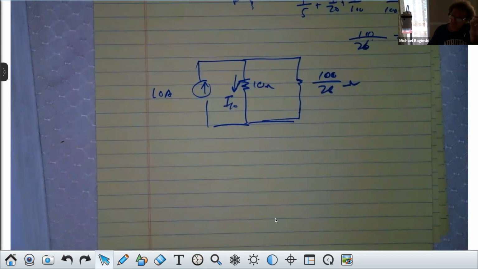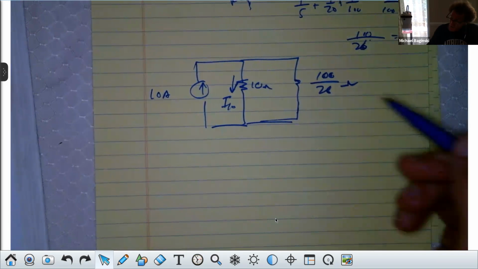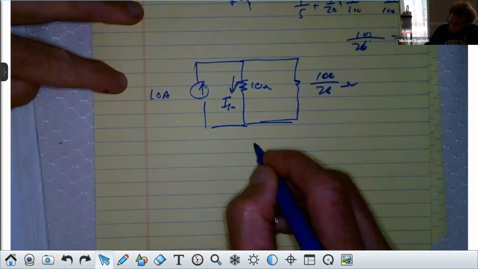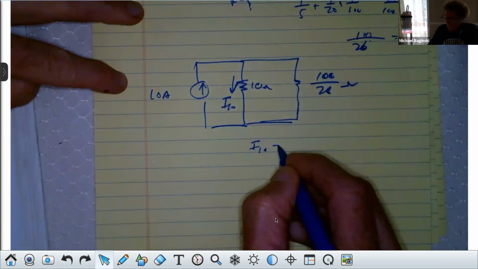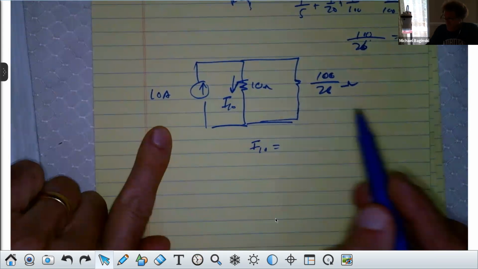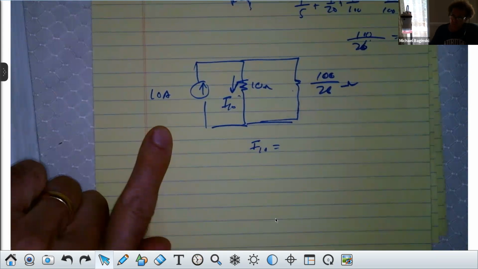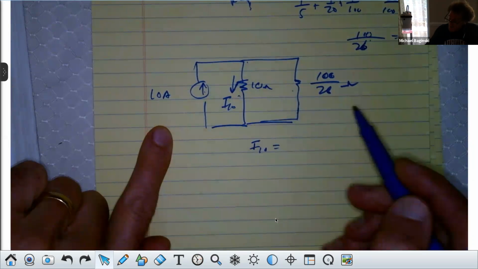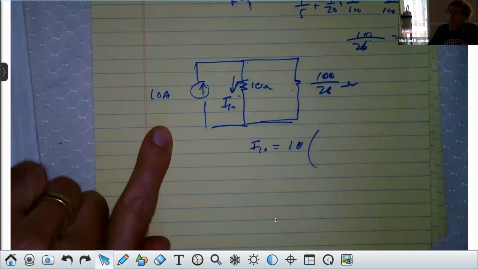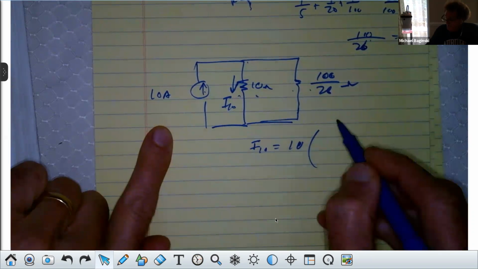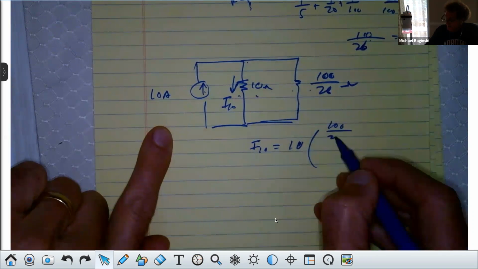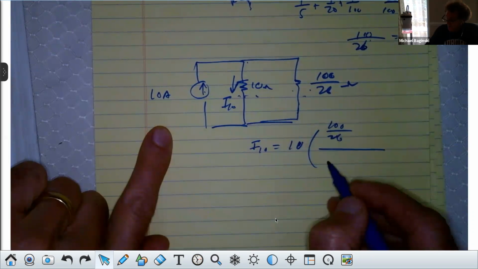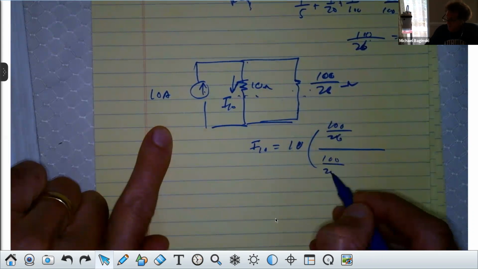Agreed, class? All right, so if I want this current, what do I do? You agree they're in parallel first, right? And 10 is flowing into them. So take the current flowing in, then take the opposite resistance, the 100 over 26, and divide it by the sum, 100 over 26 plus 10.